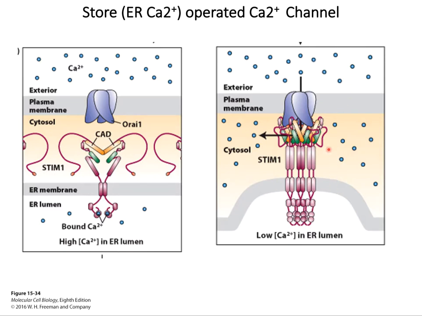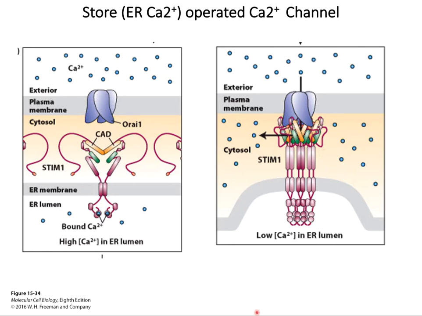This oligomeric STIM1 interacts with ORAI1 and opens up the calcium channel. So this is the consequence of IP3 signaling: in need, the calcium can be supplied from the extracellular environment. Then once the calcium requirement is over in the cell, the calcium is either returned to the ER by a calcium pump or transported into the extracellular matrix by either calcium pumps or by the sodium-calcium antiporter that we have seen just a few slides back.